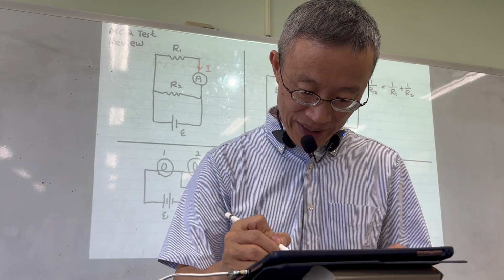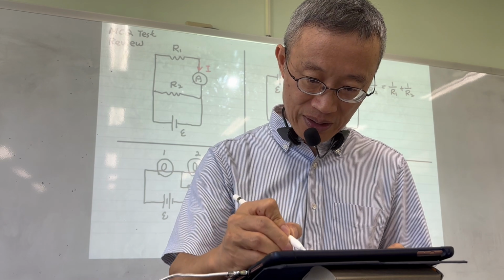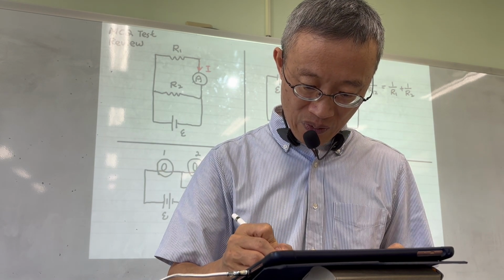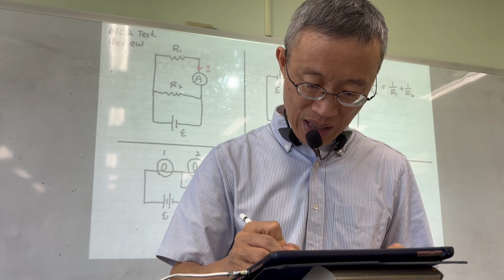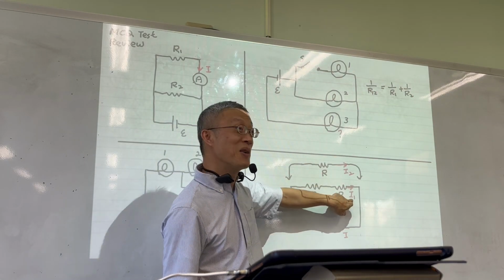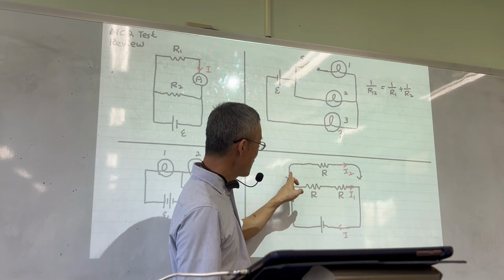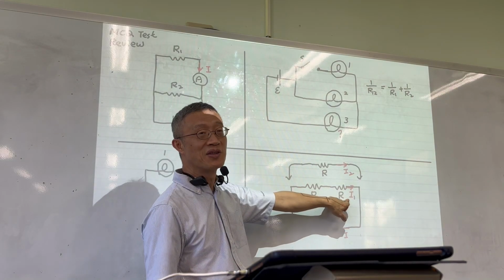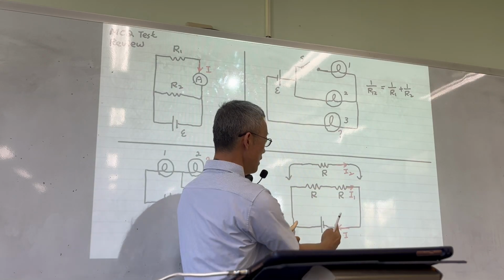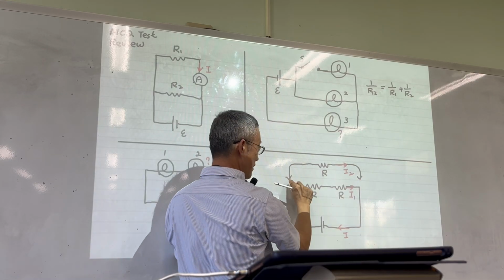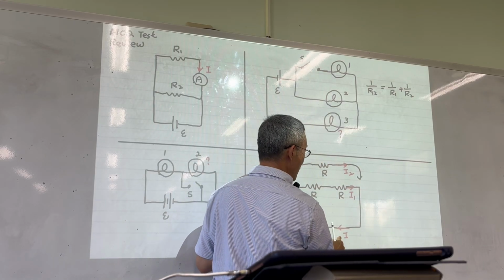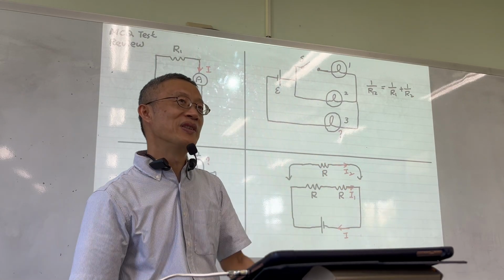Originally, without this one, I equals I1, right? However, when you add them together, I1 is still I1. Why? Same potential difference. However, you add one more I2, splitting into two branches. So coming back to the battery will be I1 plus I2. So I will increase. Okay?